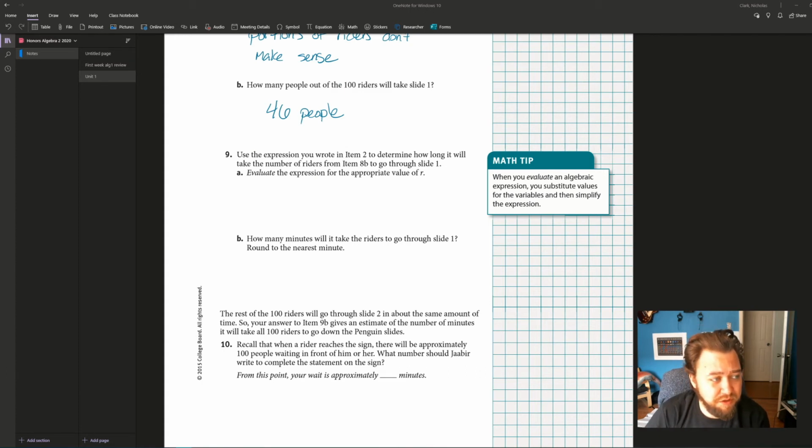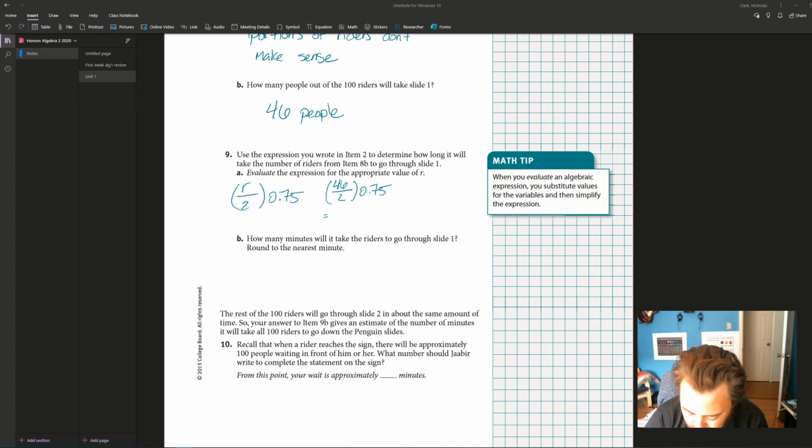So basically what we're going to do is plug in what we knew, which we said r divided by 2 times, what was that number? 0.75, except we're going to replace the r with 46. So 46 people divided by 2 times 0.75, which equals bada bing, 17 and a quarter.